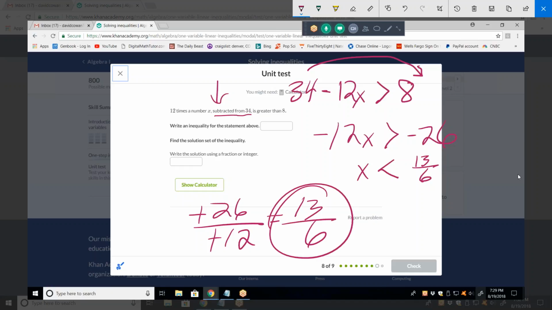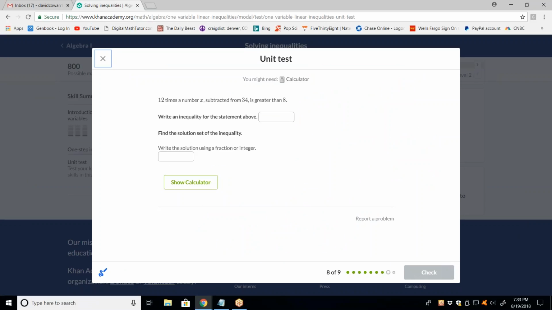I need that one there and that one there. Try to remember them because they're going to disappear from this page. So I got 34 minus 12x is greater than 8. There's our first answer.